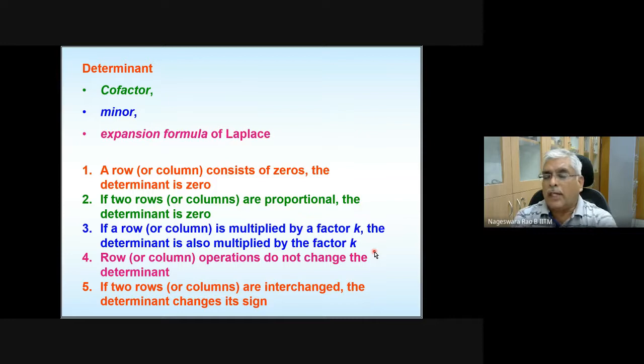Also determinant, what is cofactor, minor, how do you find the determinant, the expansion formula of Laplace. Anyway, all these are basic things. If you have gone through a mathematics course, you must have gone through all this, so you just refresh all that.